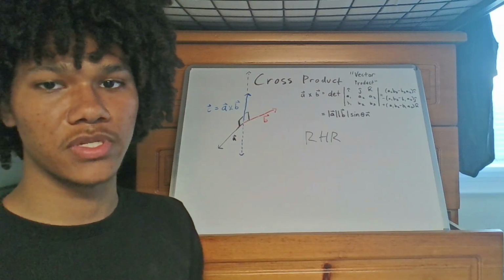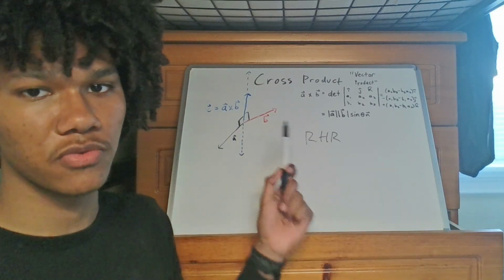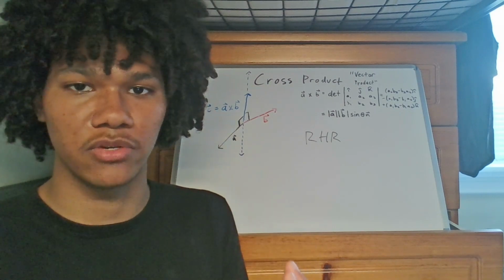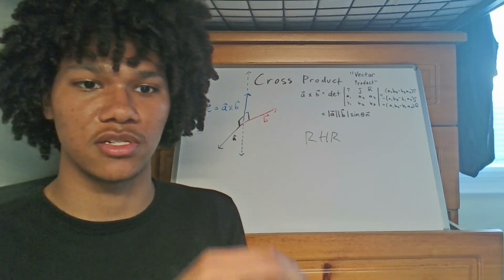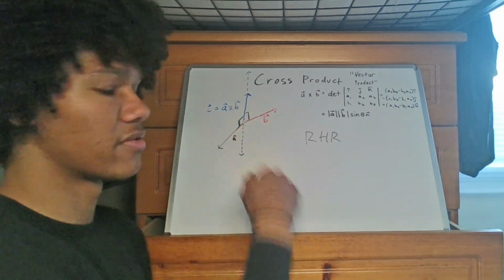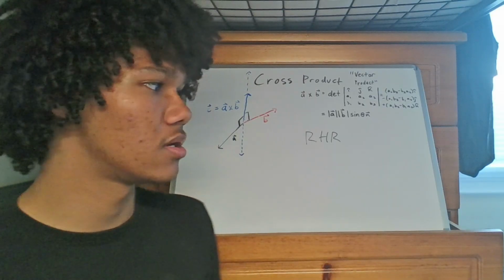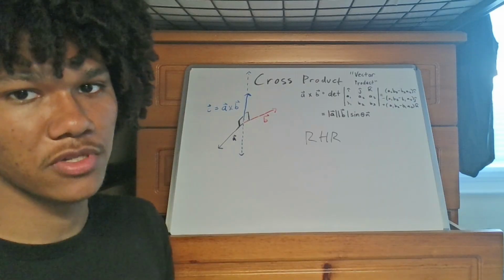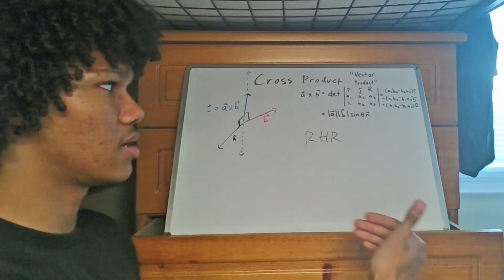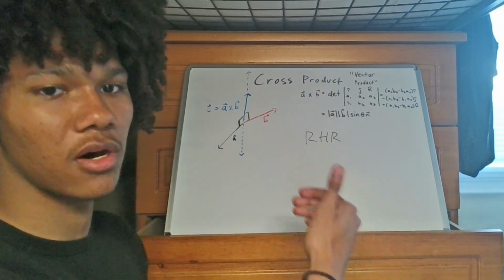Remember that there's an infinite amount of vectors that are perpendicular to two vectors put tail to tail, and you need to know which direction. If you don't care about the magnitude, at least you'll sometimes be asked what's the direction. It could be, like in this case, up or down from the vectors. So if you just want to know the general direction of the cross product, you can take your right hand, and the order of a cross product matters, which I'll also talk about.